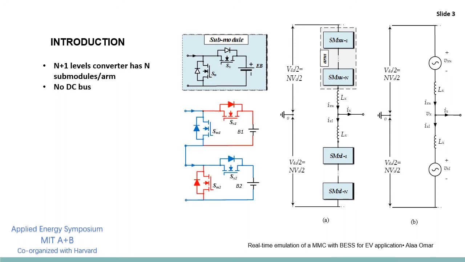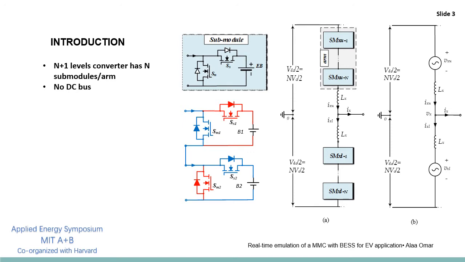As an example here, let's assume that we have two submodules connected in series. The cell inside submodule 1 can be bypassed by switching the main switch, SM1, on, and the auxiliary switch, SX1, off.